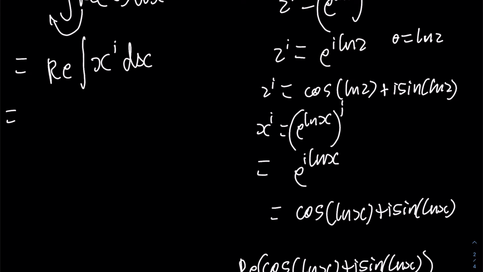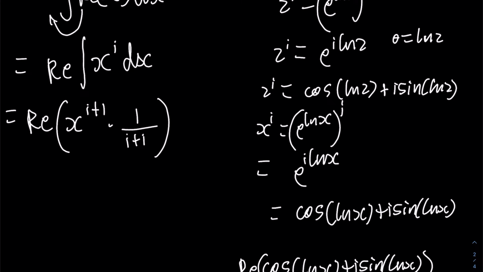So this is the real part of, and then, well, what is our favorite power rule? x to the n plus 1 over n plus 1, given that the original n is not -1. Here we have x to the i plus 1 multiplied by 1 over the new power, i plus 1.